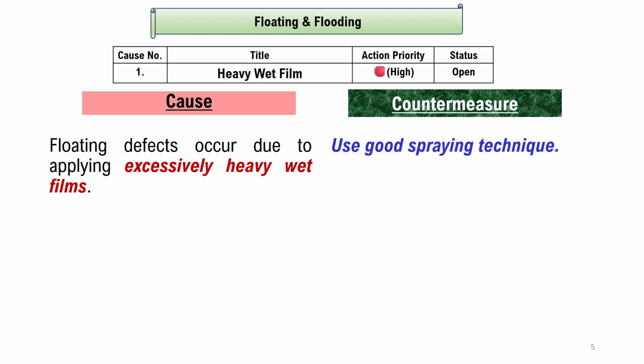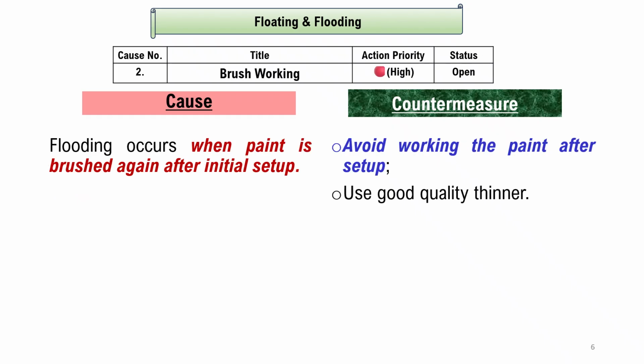The countermeasure is use good spraying technique. Number two probable cause could be brush working. Flooding occurs when paint is brushed again after initial setup. The countermeasure is avoid working the paint after setup. Use good quality thinner.